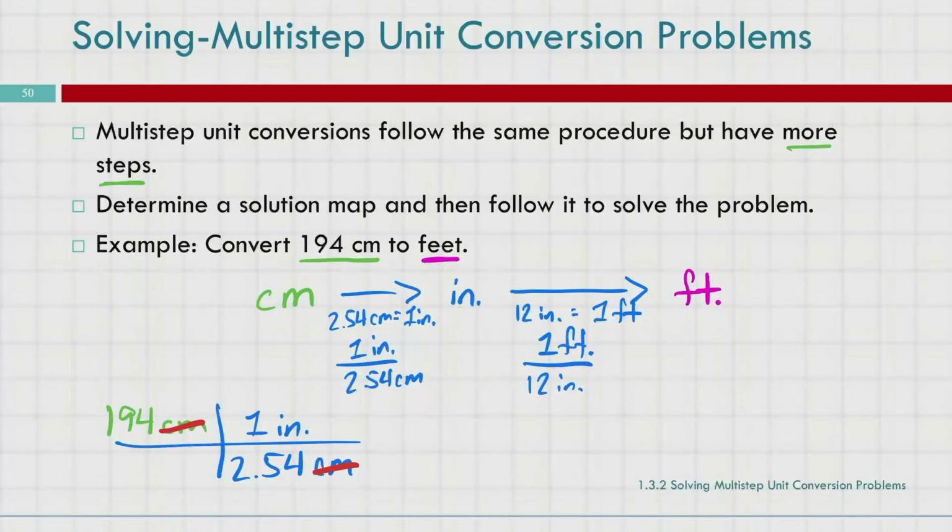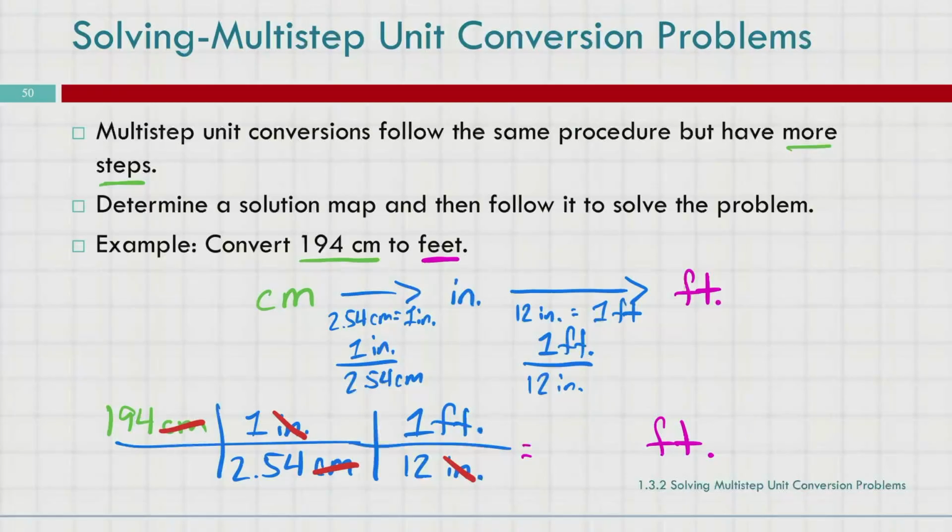We're following our solution map. We're on track. Our second step, 1 foot over 12 inches. We've got 1 inch on top. We've got an inch on the bottom. So those will cancel out, turn into a 1. The units that are left are feet, which is where we're trying to get, so that is perfect.